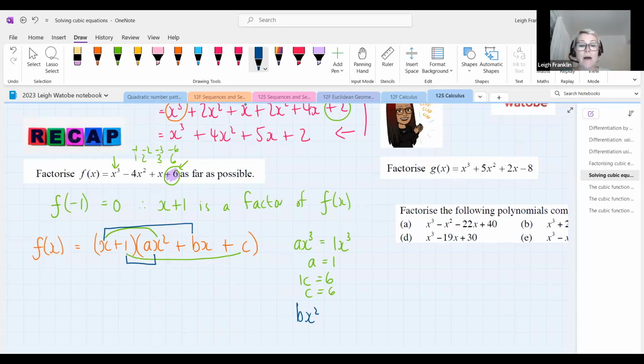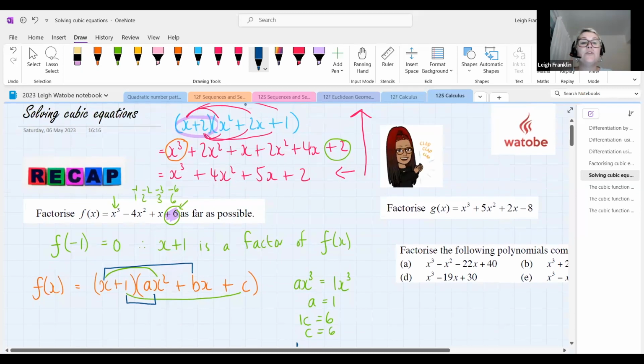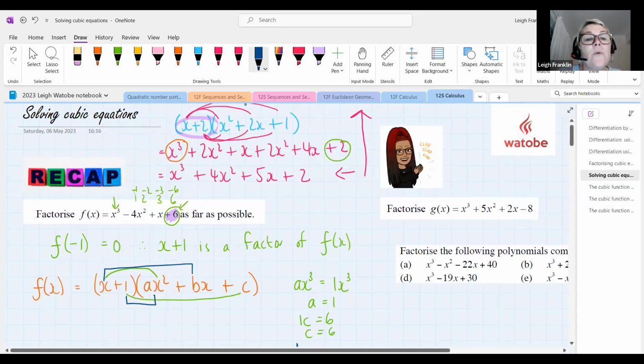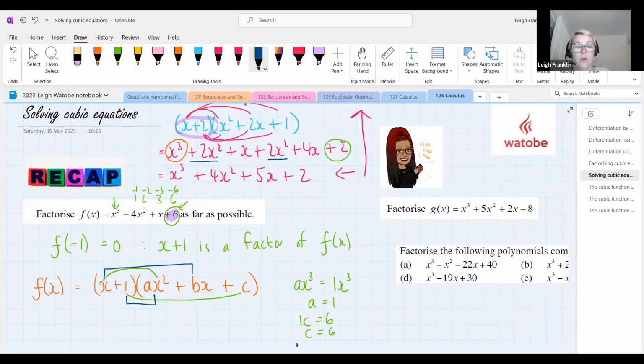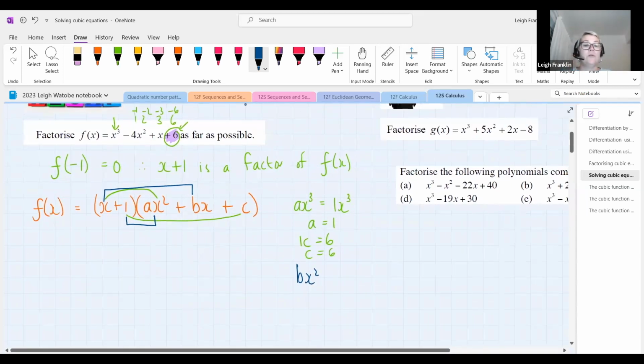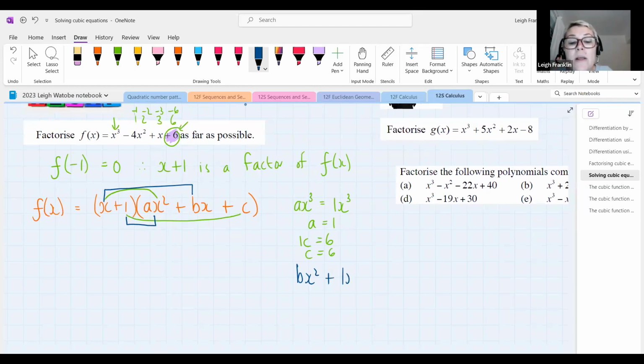Remember, there were two x squared terms, and it is the sum of those that gives us the x squared term in the answer. So we've got bx squared from multiplying x with bx, and 1 times a was equal to 1, so 1 times 1x squared gives us plus 1x squared.